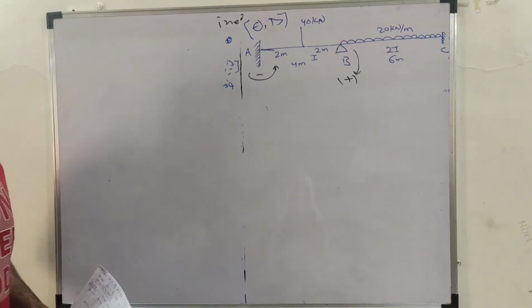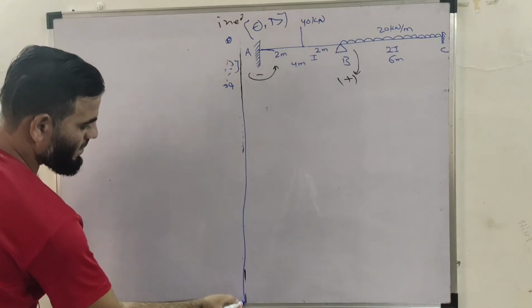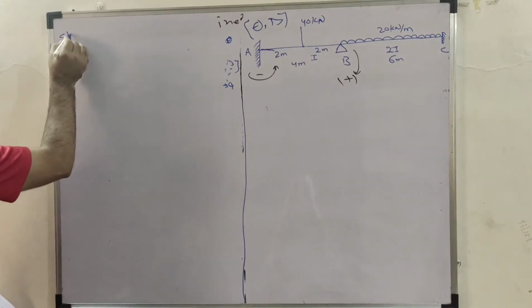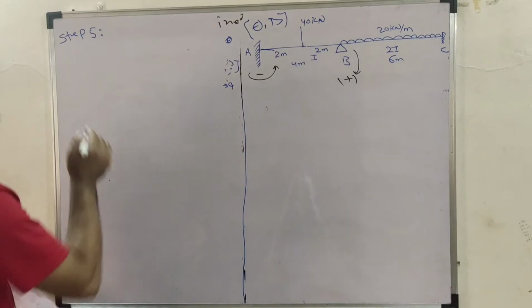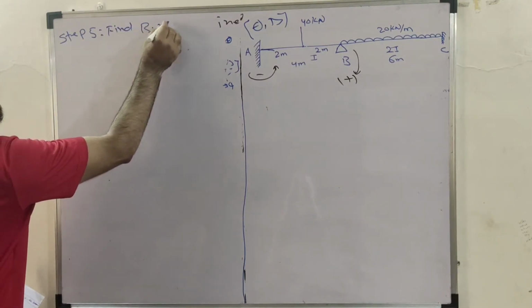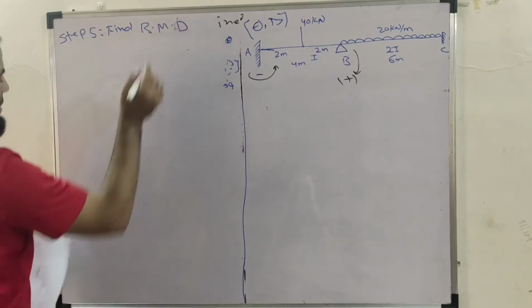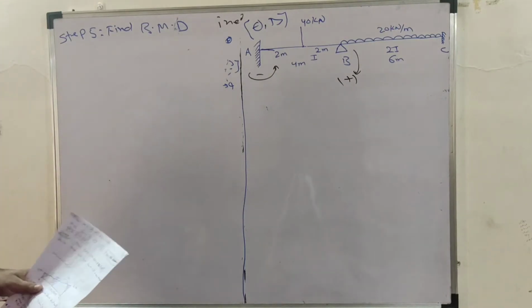Step number 5: find the bending moment diagram. Free bending moment diagram plus end bending moment diagram.